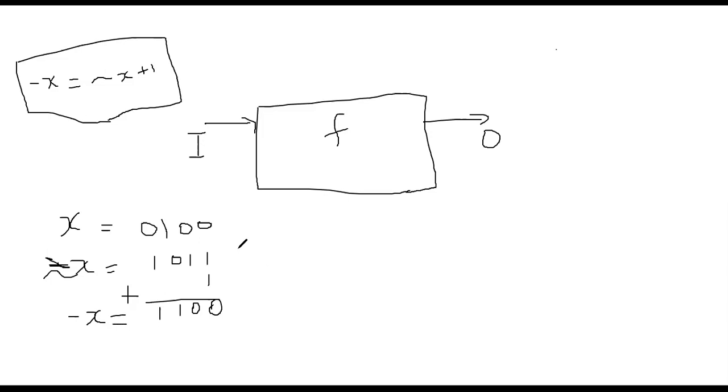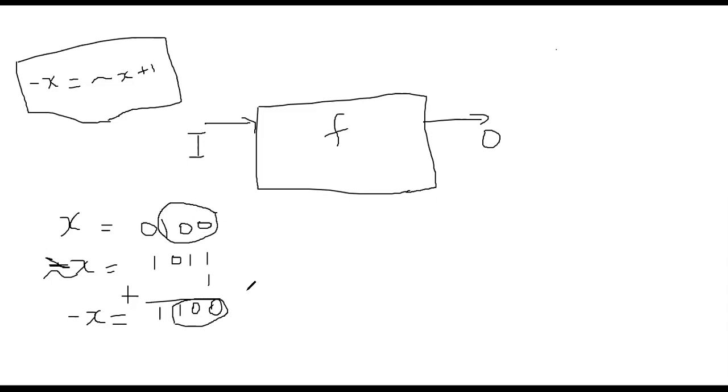So what you are seeing here is that minus x has an interesting property: it takes your original x, and all the rightmost bits are copied as they are until the very first 1. That makes sense if you think about it.